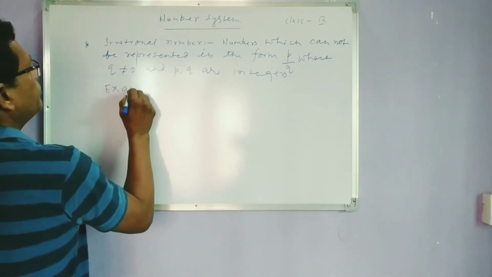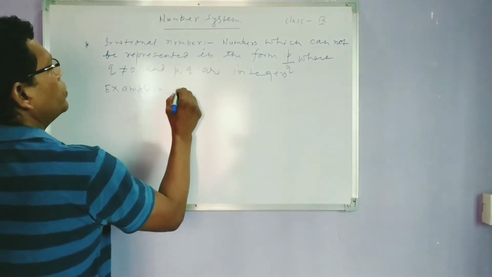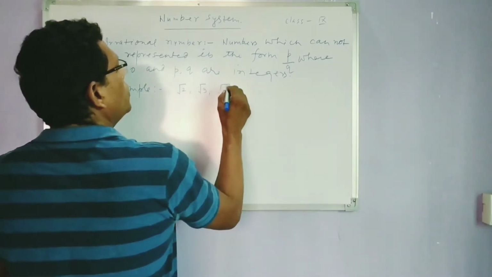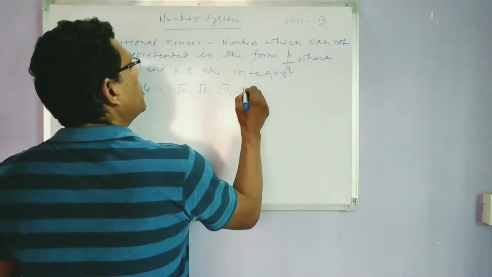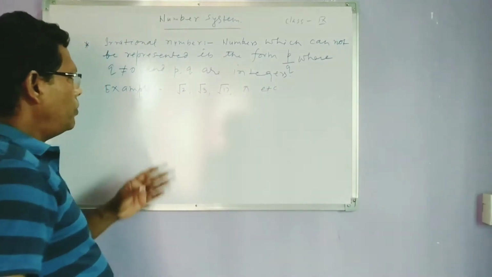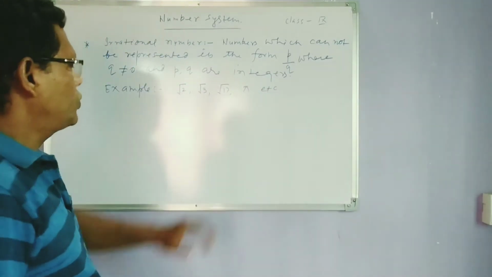Example: root 2, root 3, root 17, pi, etc. are examples of irrational numbers.